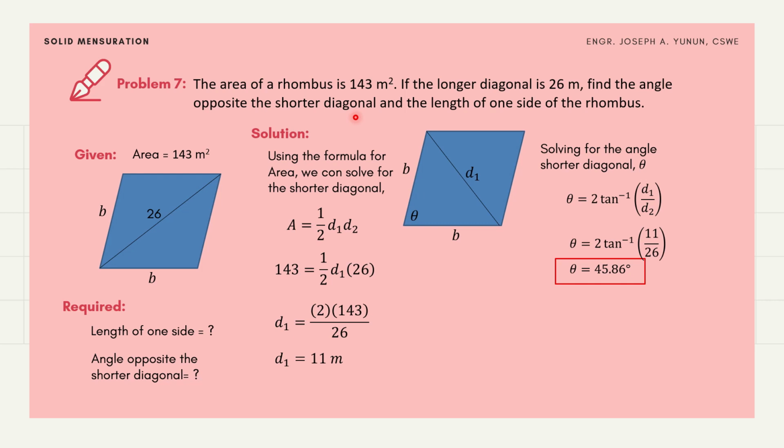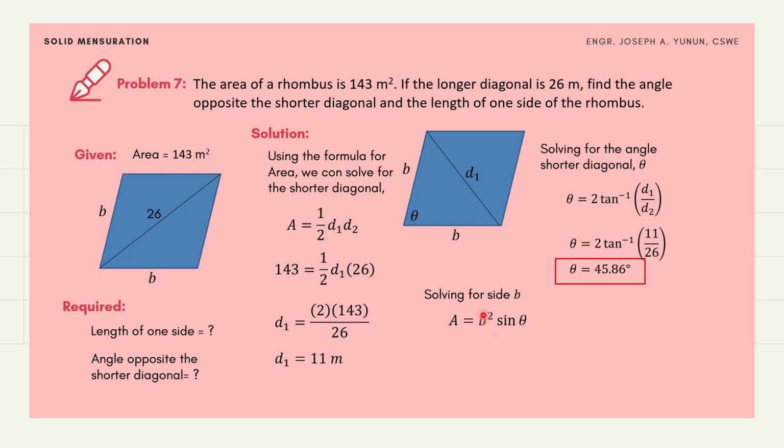Now, you need to solve for the length of one side. Solving for side b, I could use the formula for given two diagonals by means of the Pythagorean theorem. It is also included in the lecture earlier, so that gives us this one.